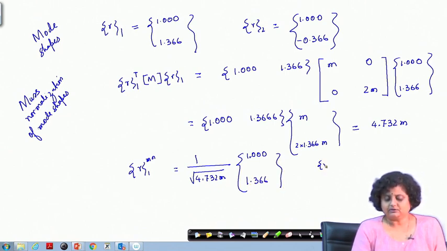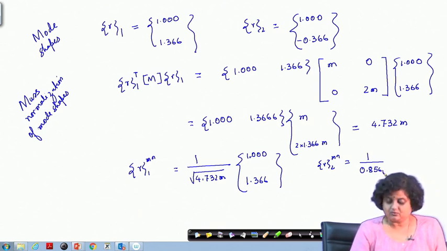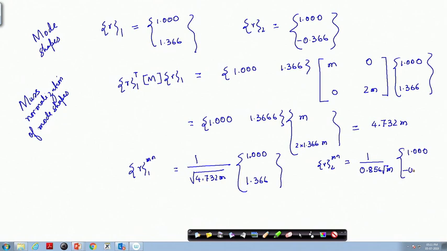Similarly, the mass normalized second mode shape is 1 by 0.856 root over m into 1.00 and minus 0.366.